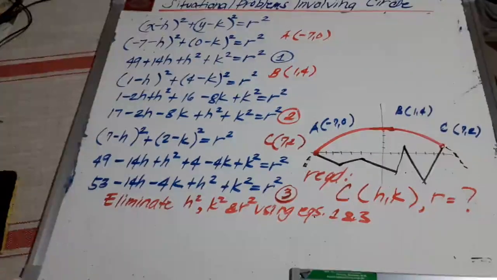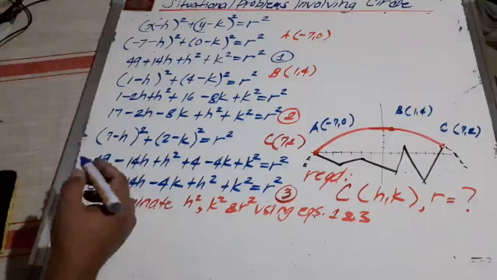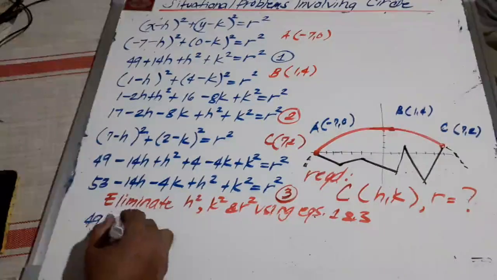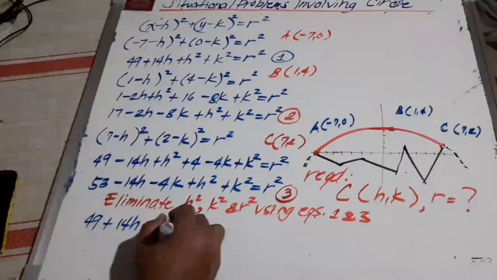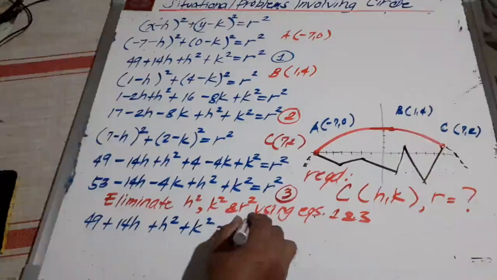Yan. Paano yan? So, equation 1 is 49 plus 14h plus h squared plus k squared equals r squared.